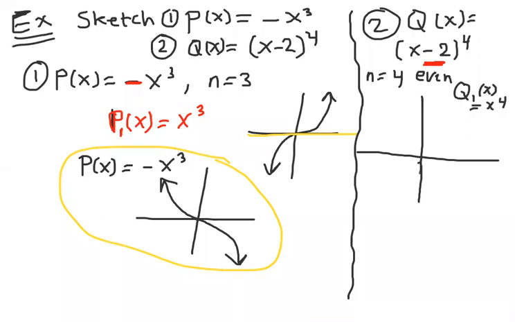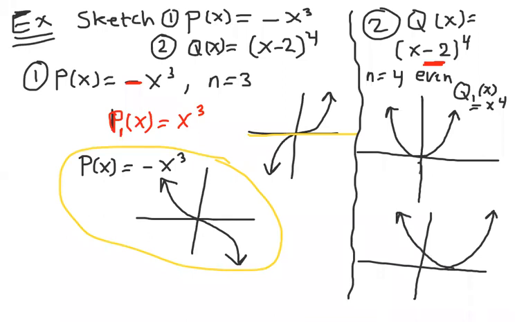It looks like this. But because we have minus 2 inside, we shift the graph 2 units to the right. So it will look like that. This is the graph for q of x.